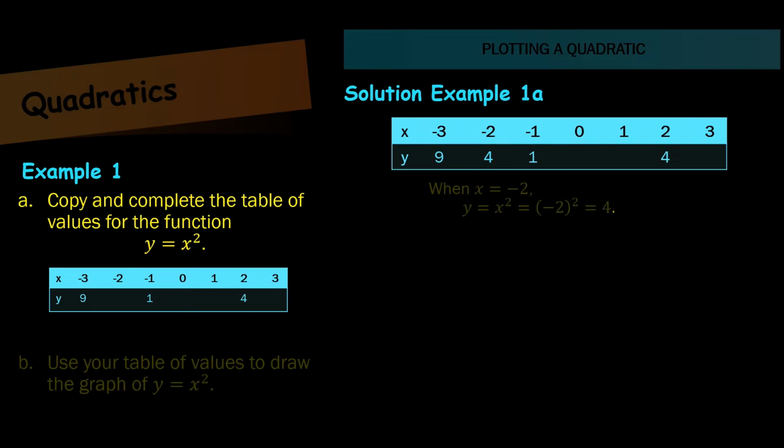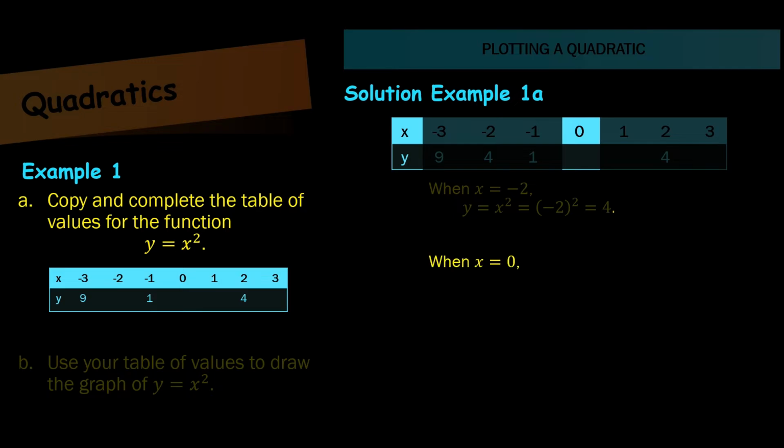Let's now find the value of y when x equals 0. So when x equals 0, we plug that into the equation y equals x squared to give us y equals 0 squared, which is of course 0. So we pop that into the table as shown here.